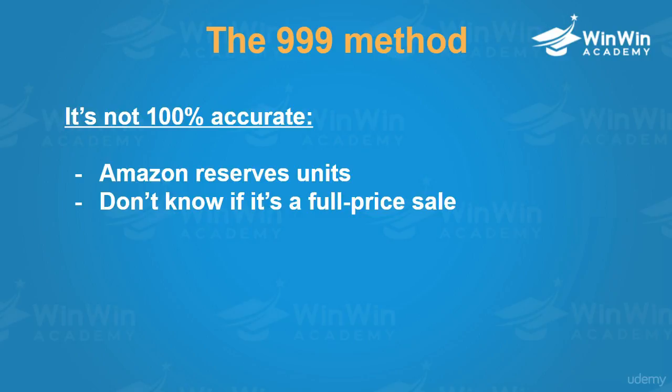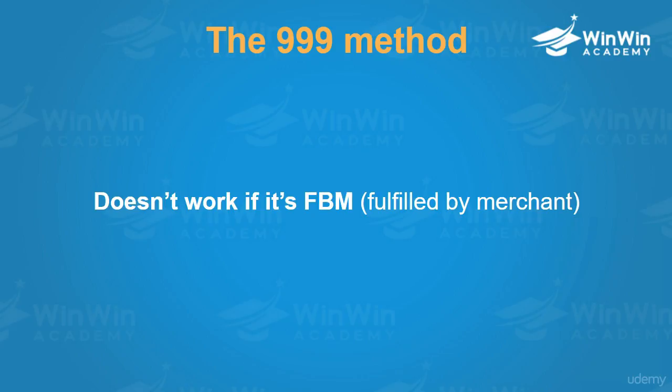Now keep in mind that this is not 100% accurate because Amazon sometimes reserves product units, and also we don't have information on whether the seller has done any product discounts. All we get is how many units a seller has currently available in its Amazon FBA inventory. Also, this won't work if a seller is doing merchant fulfillment, simply because Amazon doesn't have any data on how many units a seller has in its own fulfillment center.